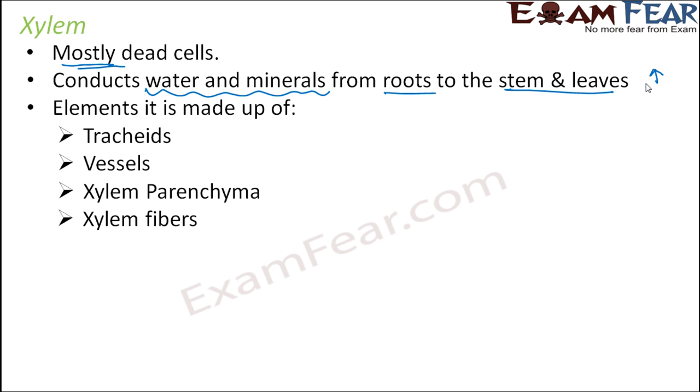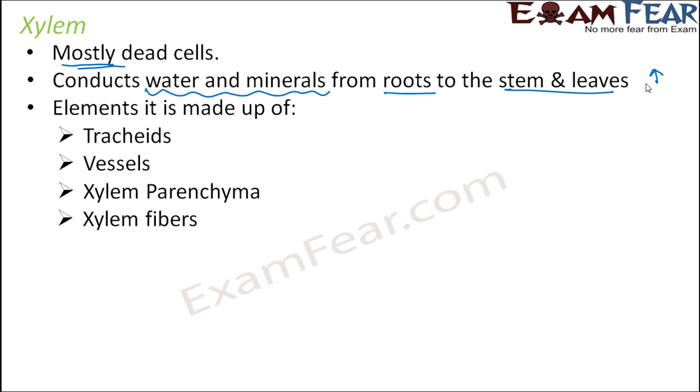Now, what are the different elements it is made up of? As I said, these are complex tissues, made up of many different types of cells. These cells will vary in structure and also in their function. Each of them will perform a different function, but all of these different functions together will perform a collective function for the xylem.